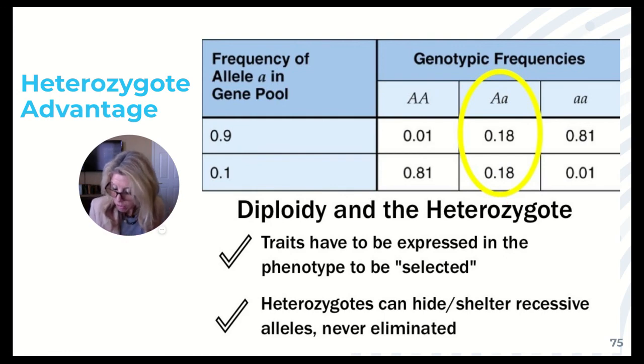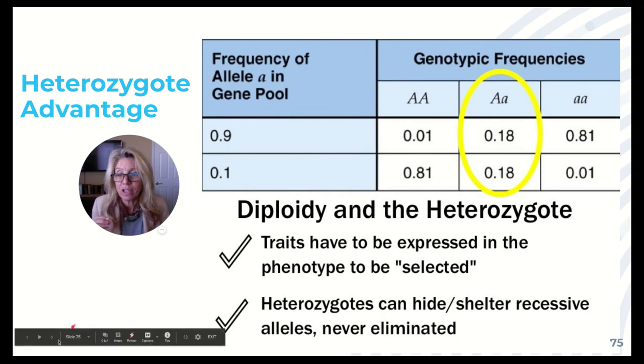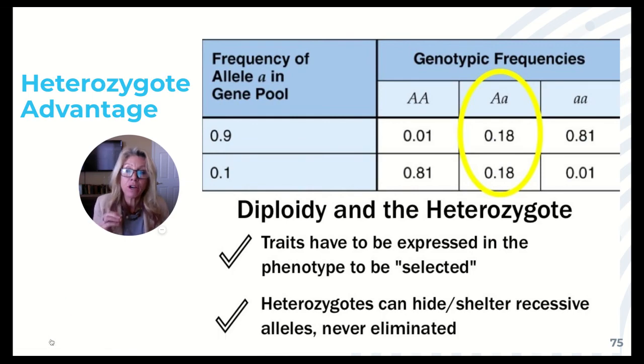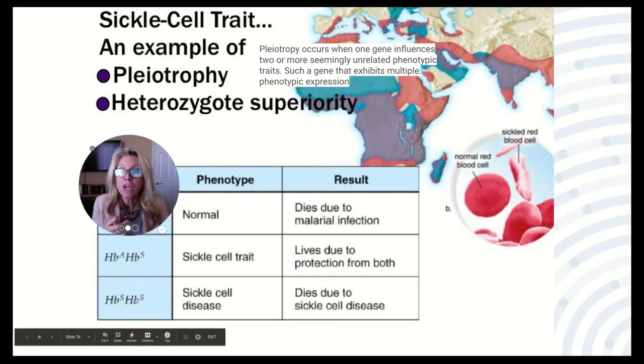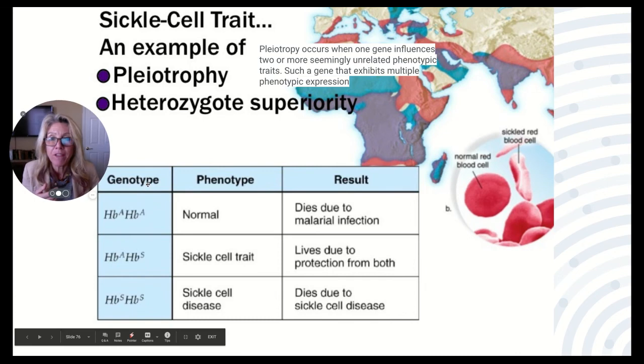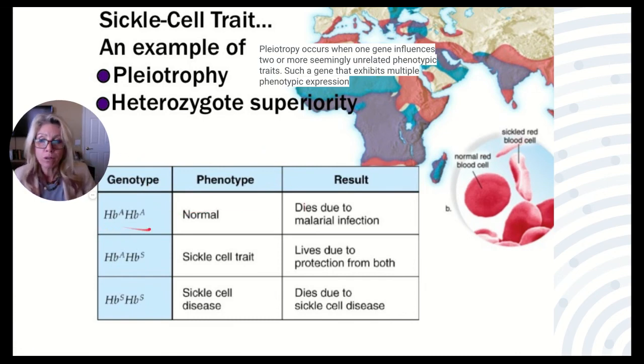But on your notes, what we're going to talk about is how sometimes these heterozygotes have an advantage to be a heterozygote, which then maintains the allele frequency of the recessive allele a little bit higher than what you would expect. So one of those examples of that is sickle cell disease. If you are normal, so both your alleles are HBA, then you will not have sickle cell disease.